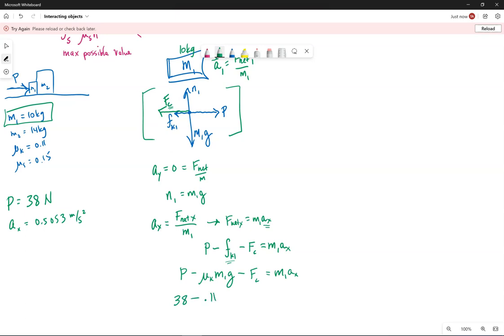The coefficient of kinetic friction is 0.11. This specific mass is 10 kilograms. We do not know the contact force. Ultimately, this is what we're trying to find. Again, it's the mass. We're talking about the 10 kilogram box specifically, and then the acceleration that we have calculated. Turns out that this contact force is our only unknown. And so we can calculate it.